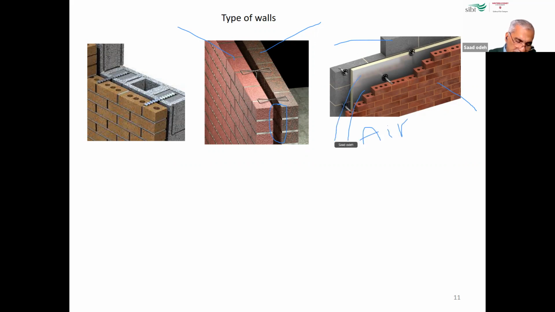Can you see this? This is insulation. So we actually have 4 layers here. When we want to find thermal resistance, how many thermal resistances do we have in this case?